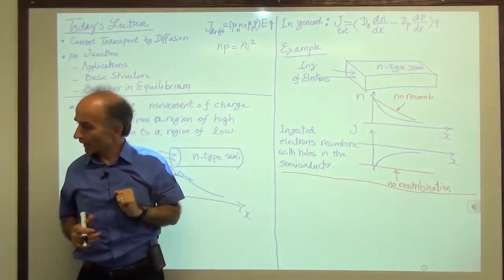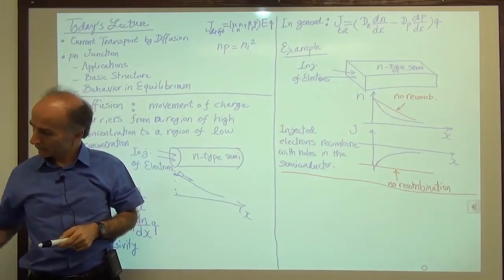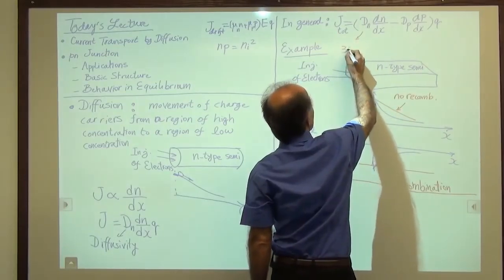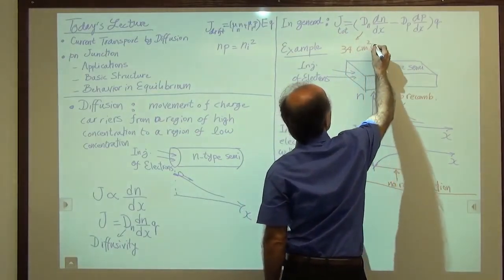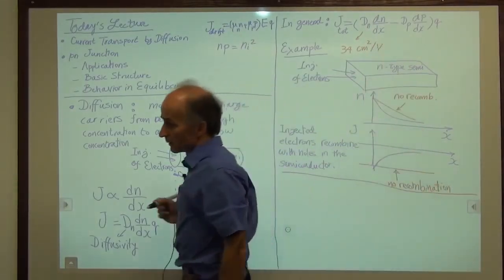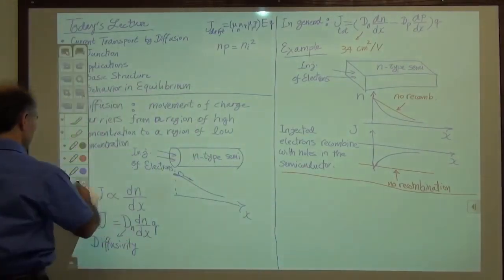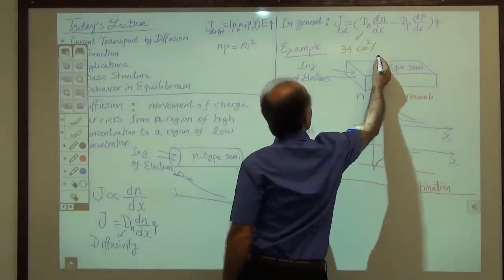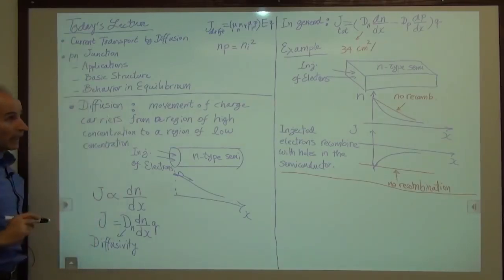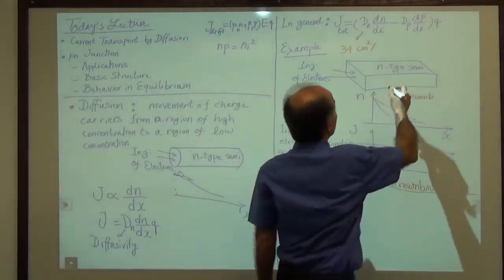If you're curious about the values, D_N is 34 centimeter squared per second, and D_P is 12 centimeters squared per second.